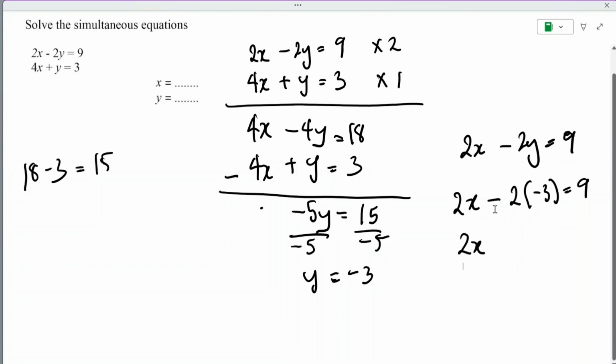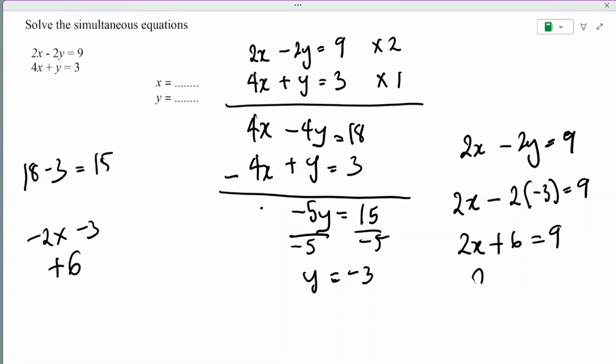Note that this 2 owns this negative and this 3 owns this negative. So you have minus 2 times minus 3. Negative times negative will give you positive. 2 times 3 would give you 6. So you have minus 2 times minus 3 as positive 6, or plus 6, equals 9. You see this, you have to be very, very careful with this.